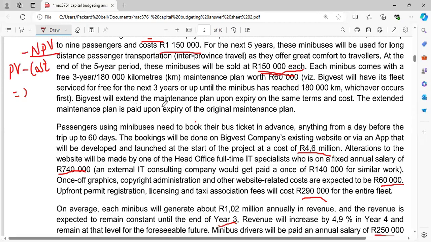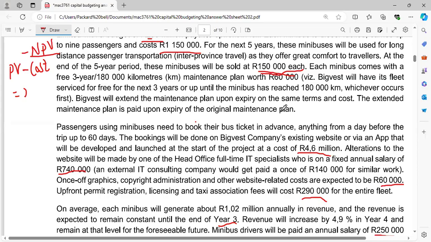Vest will extend the maintenance plan upon expiry on the same terms and cost. So this maintenance plan, the first 3 years are going to be free. Am I right? Yes, you are right.